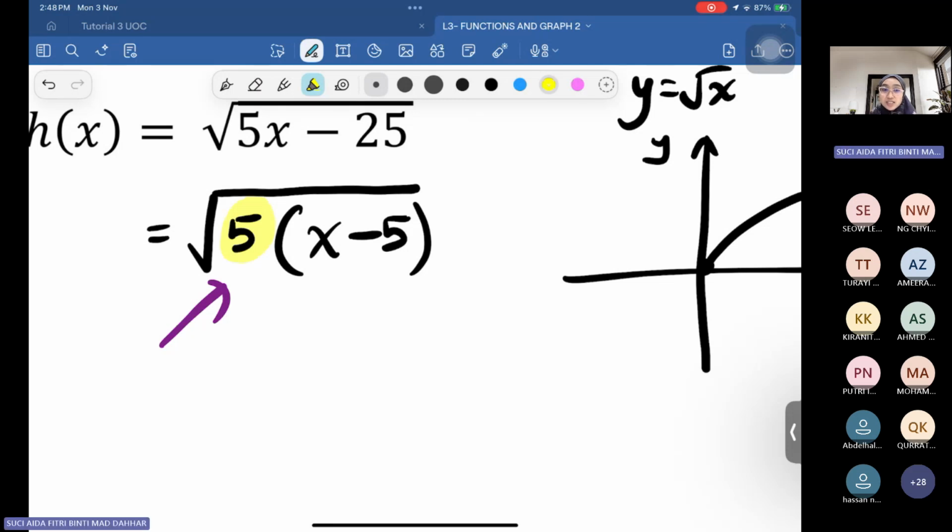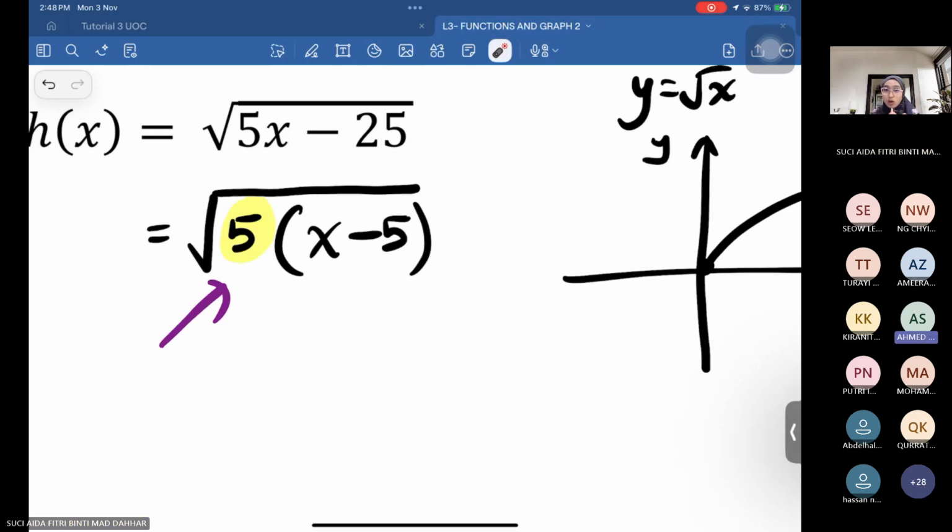Inside, good. So anything that occurs inside the function will affect x, the horizontal component, correct? And remember, x is always against the nature. Multiplying x by 5, what does this do? Do we stretch our x or do we compress our x? Compress, good.